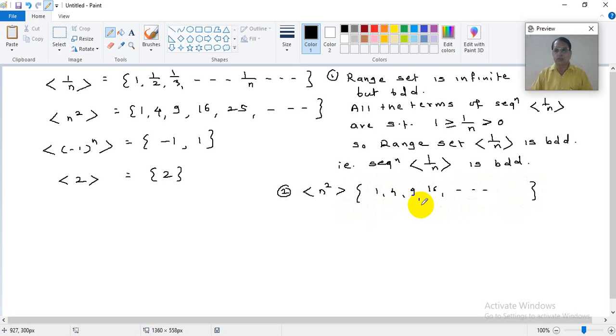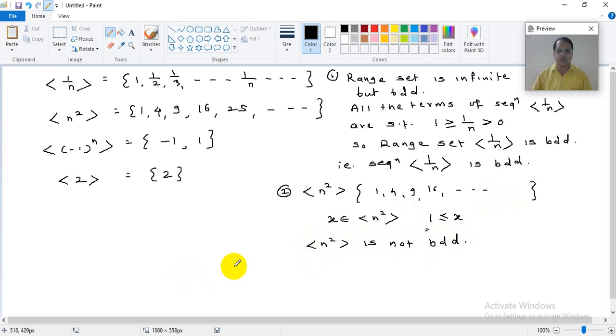See, all the terms of this sequence are greater than or equal to 1. So if I take x belonging to this sequence n squared, then I can say 1 is less than or equal to x. Lower bound is there, but what about the upper bound? There is no upper bound to this sequence because these terms are increasing. So I can say the sequence n squared is not bounded.